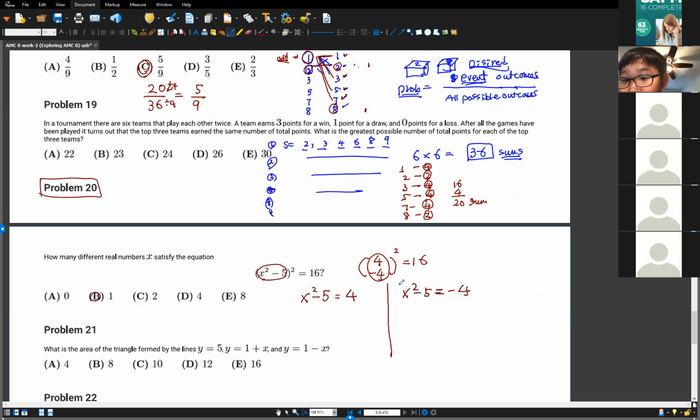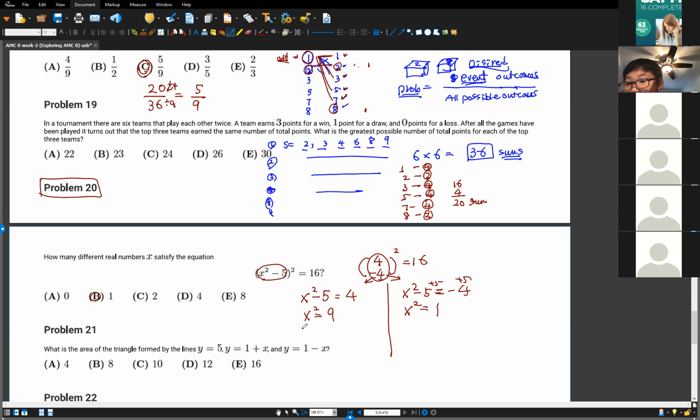We have 2 possible cases over here. Now we're going to find the value of x. x squared equals what? Plus 5 is 9. The other one, x squared equals negative 4 plus 5, which is 1, right?